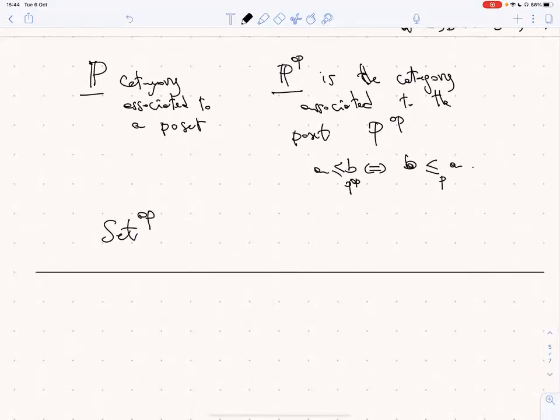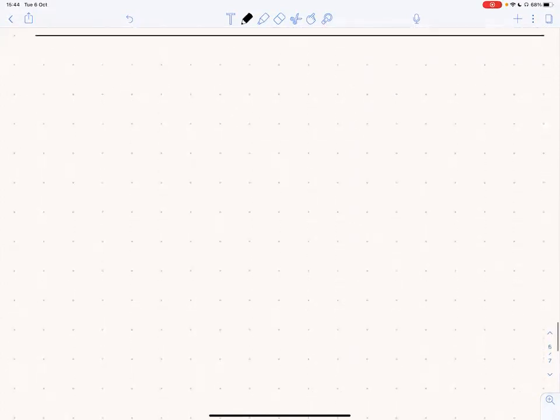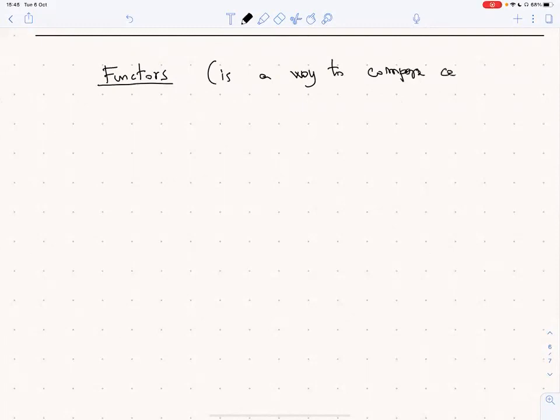There is one very nice exercise in the exercise sheet I gave you about this concept. So finally, now that we have some examples of category, we can come to the star, the main character of this play, which is the concept of functor. So a functor is a way to compare categories.